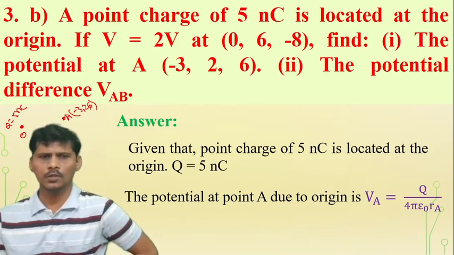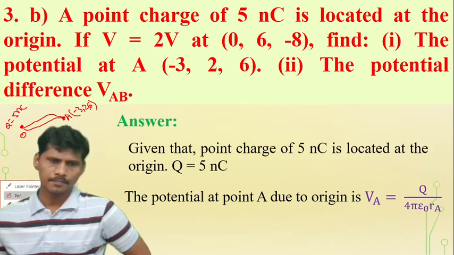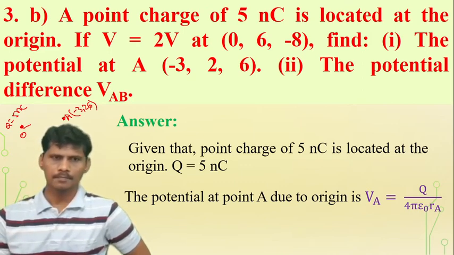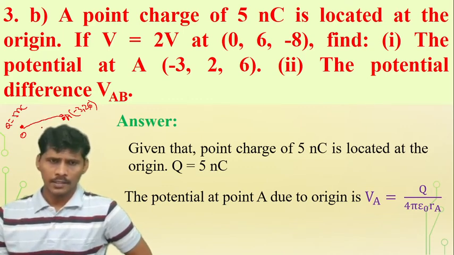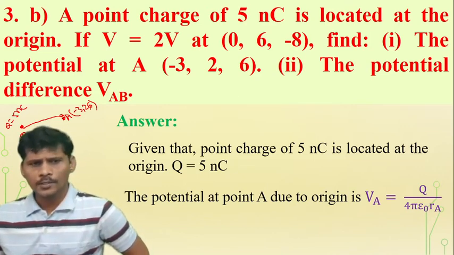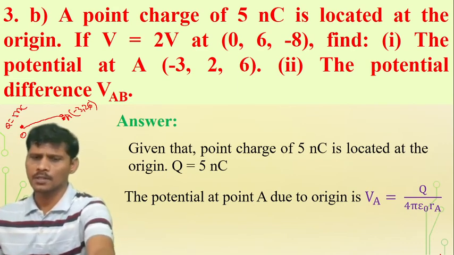The distance between these two points is capital RA. Therefore the potential at point A due to the point charge Q located at the origin is VA is equal to Q by 4 pi epsilon naught RA.